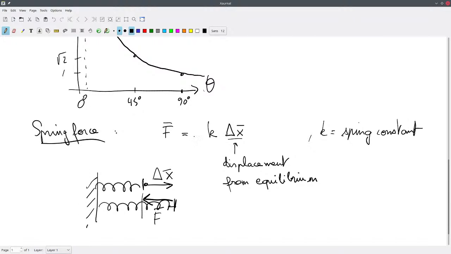So the force will be negative K times delta x. It will be along the direction of the displacement, but it will be pointing in the opposite sense. So this is indeed known as Hooke's law, for Hooke, who came up with that realization.